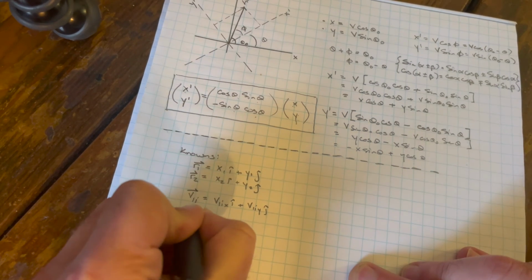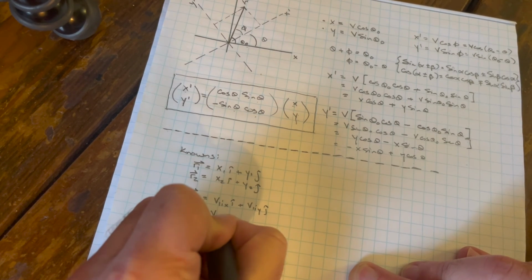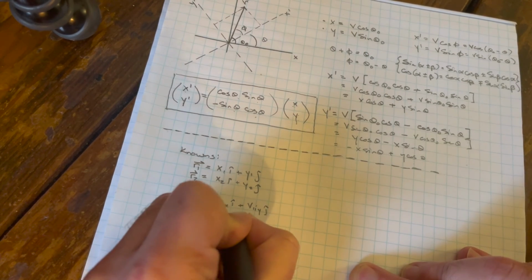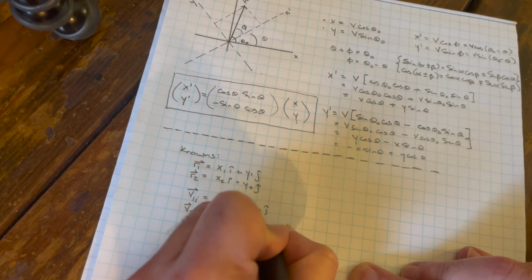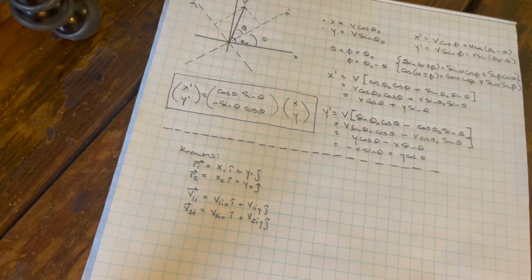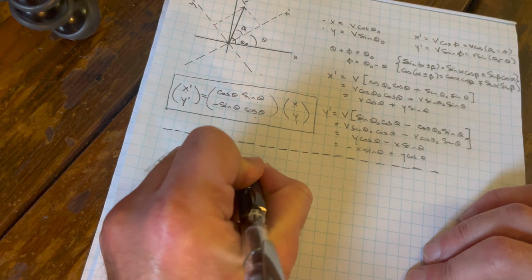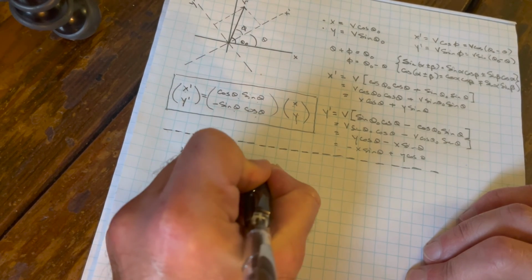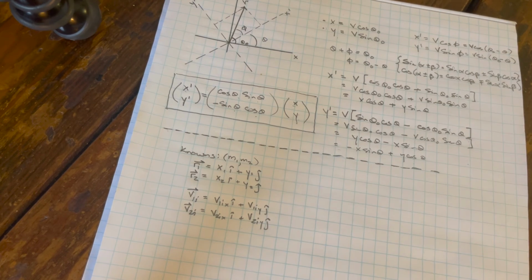And the initial velocity for particle 2. And we know the masses m1 and m2. So those are our knowns.